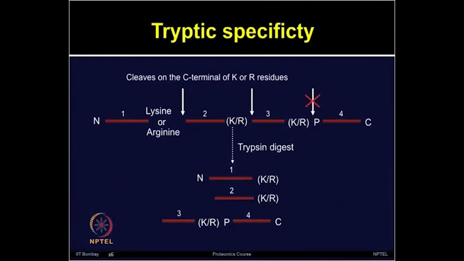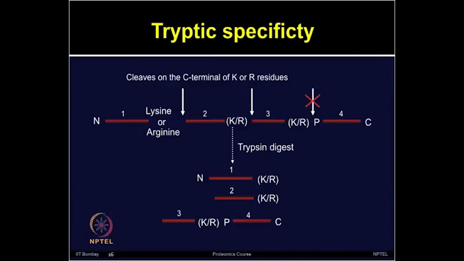Enzymatic digestion can be performed with various enzymes, but typically with trypsin, which cleaves at the C-terminal of lysine and arginine residues, but exceptions can occur with proline. If proline is present, then that breakage will not happen.